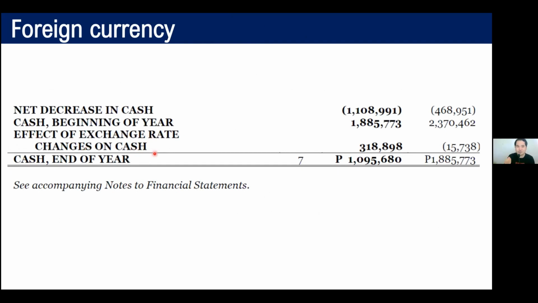Okay? So if you have foreign currency, tapos may exchange rate effect siya, uulitin ko lang po, sabi ng standard, hindi daw po dapat makita sa operating, investing, o financing. Diretso po siya sa baba. Effect of exchange rate changes on cash to get your cash at the end of the period. Okay, tandaan nyo yun ha.